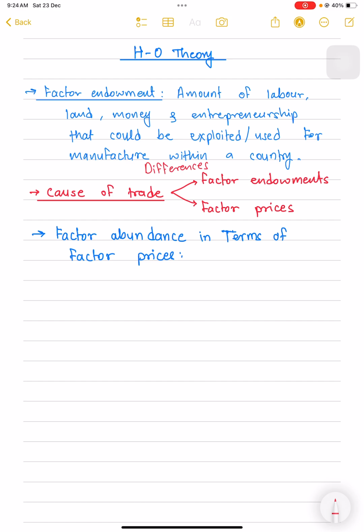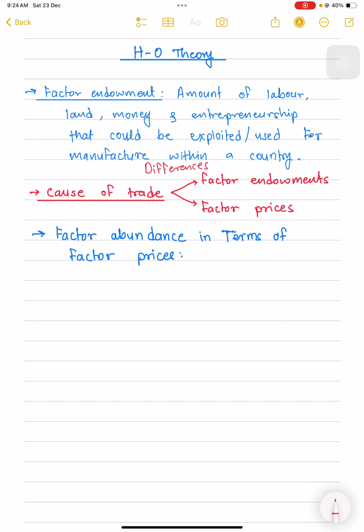So whenever these differences are there between two countries, they will enter into a trade. The main cause of trade between regions is differences in prices of commodities, meaning relative factor prices and factor endowments.